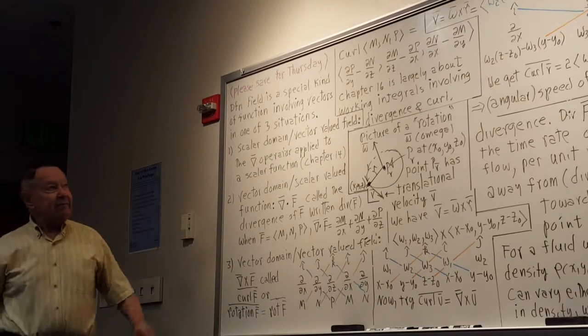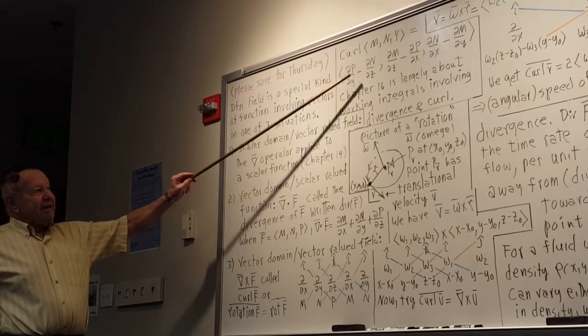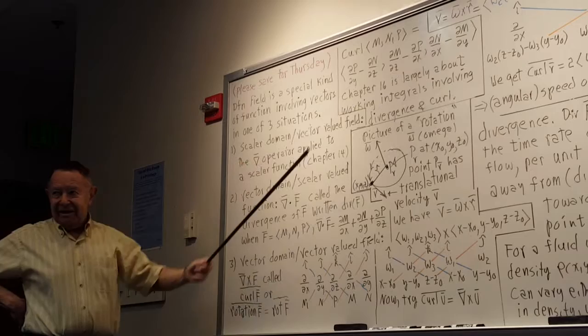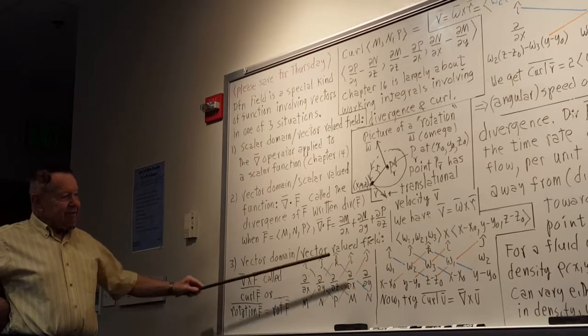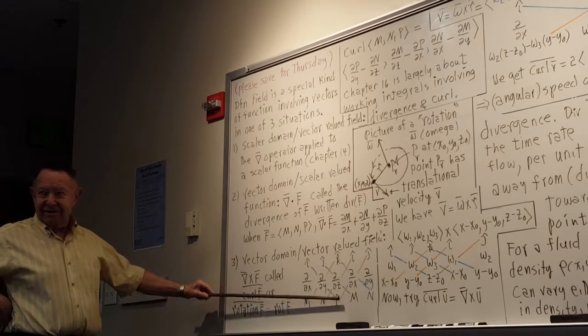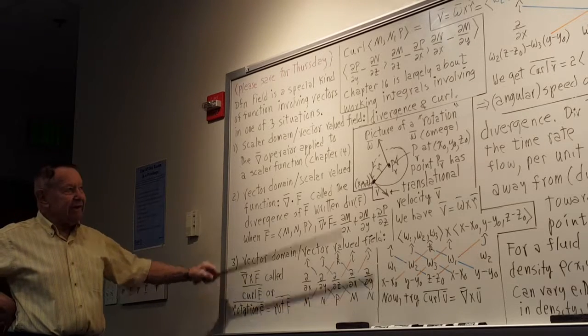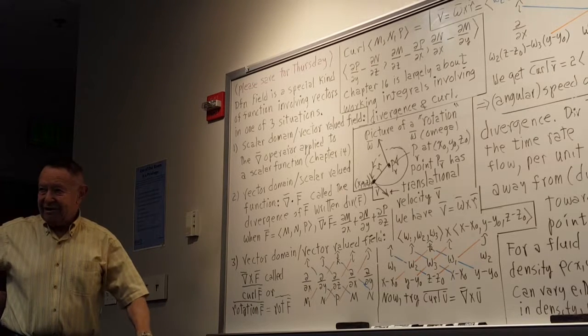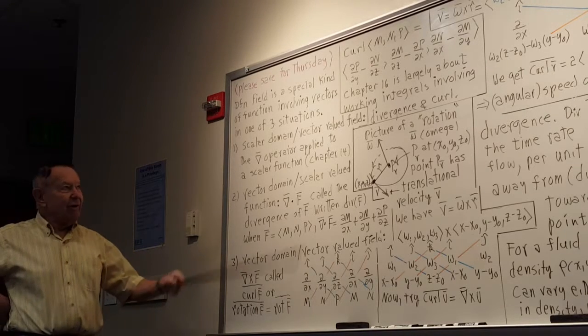And I believe it's a bad mistake to try and memorize this. I think the thing to do is just go through your 3x3 determinant for the cross product and grind the thing out as you need it, or else find where it is in the book.